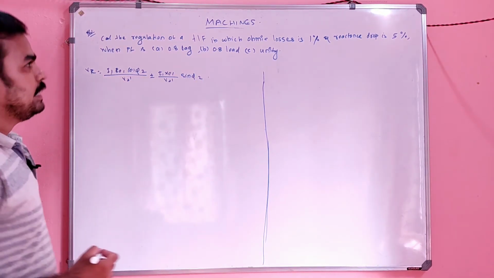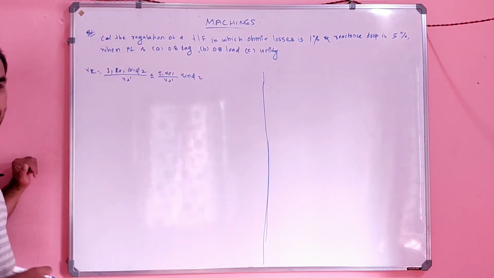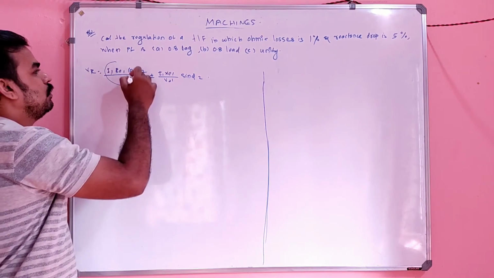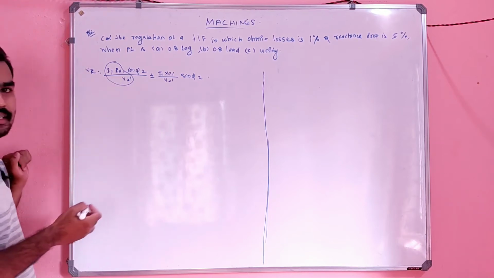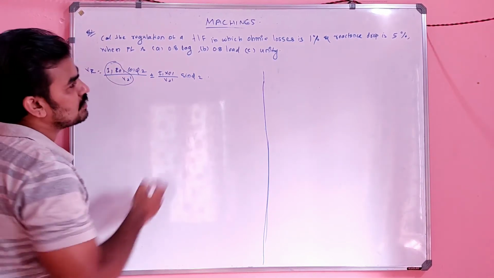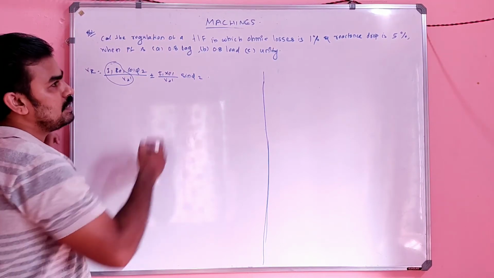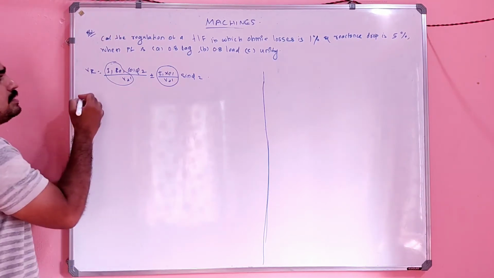It is given that the ohmic loss is 1%. Ohmic loss with respect to V2 dash is 1%, and the reactance loss is 5%. How simple it is.